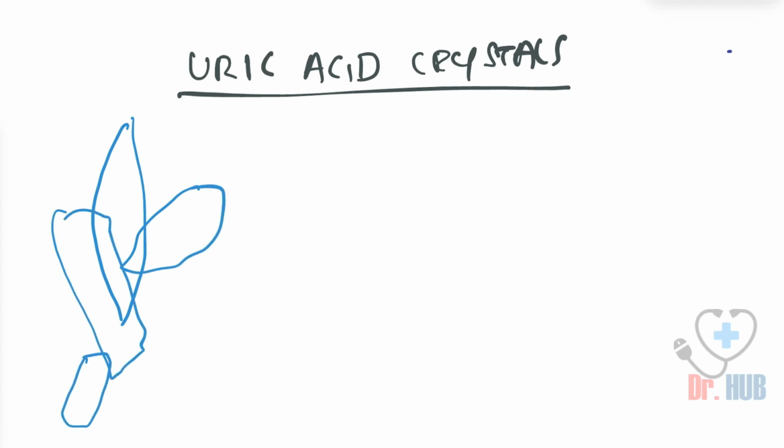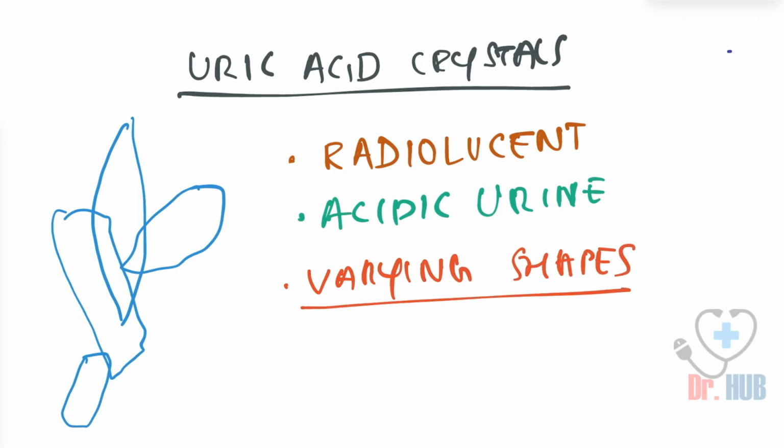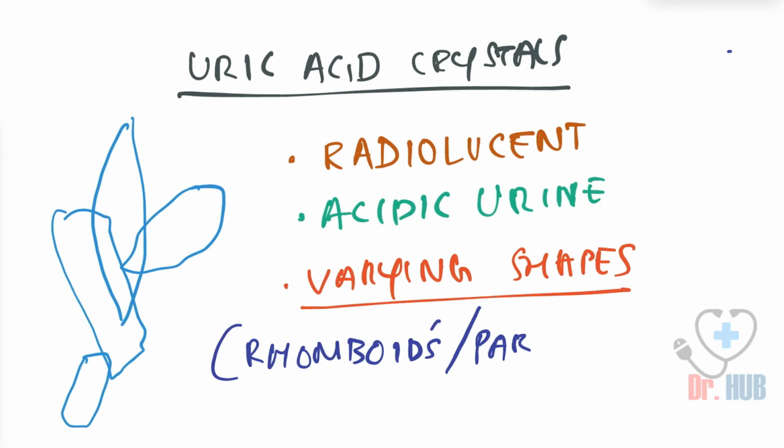They are radiolucent. Then it is seen in case of acidic urine. Varying shapes means that it can be rhomboids as well as parallelograms.